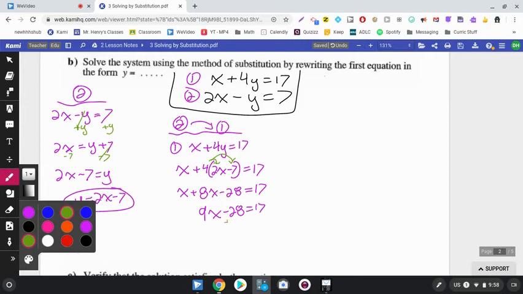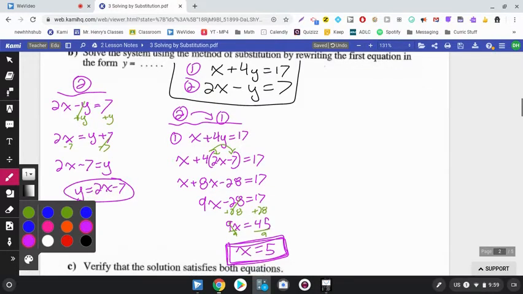All right, add that 28 to both sides. 9x equals 45. Divide by 9, divide by 9. And you get an answer of x is equal to 5, which is a really great answer because it's the answer that I got on the page above. Okay, it's the answer I got using the other method.